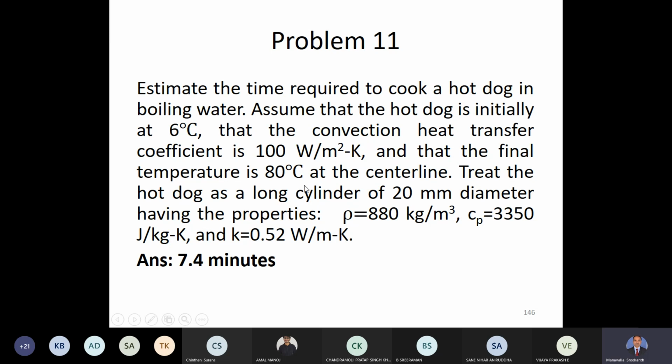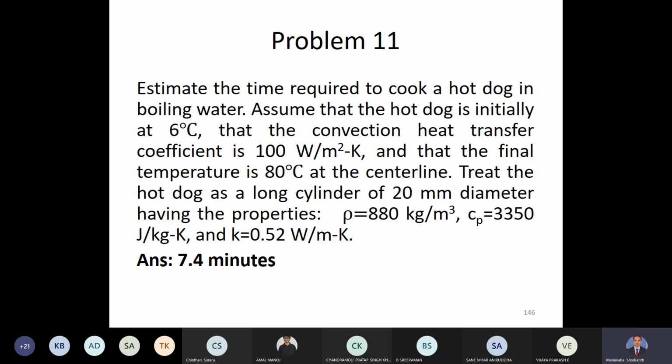If the center is reaching 80 degrees Celsius, what will be the surface temperature of the hot dog? Will it be greater than 80, less than 80, or equal to 80? That's a question.